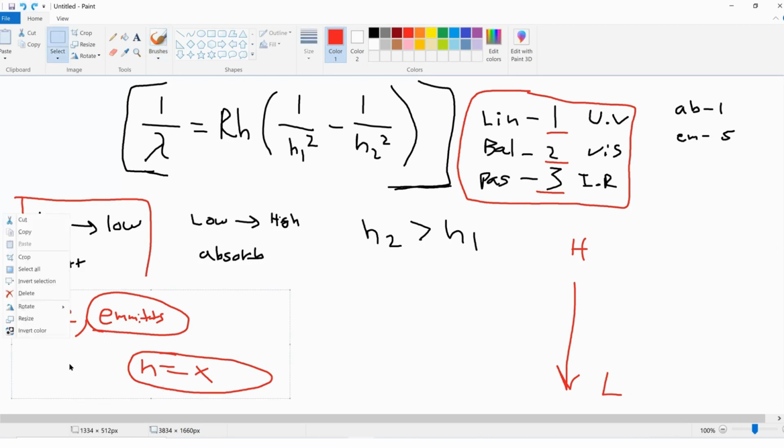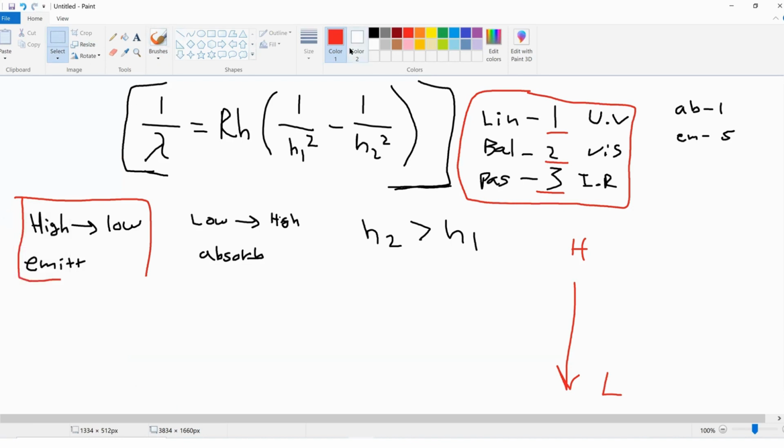Let's say they give you, starting at N1, whatever. Oh, they say it absorbs, find the other energy level. If you do what I showed previously, you're going to get the answer wrong, and this is why.